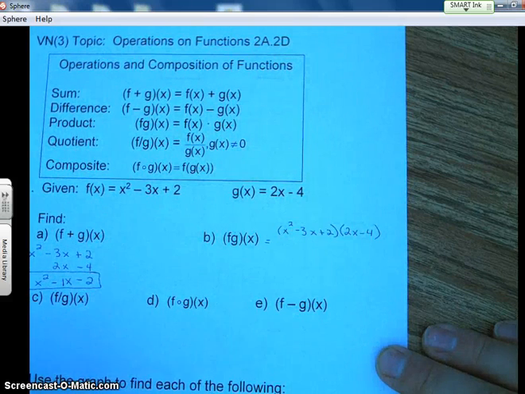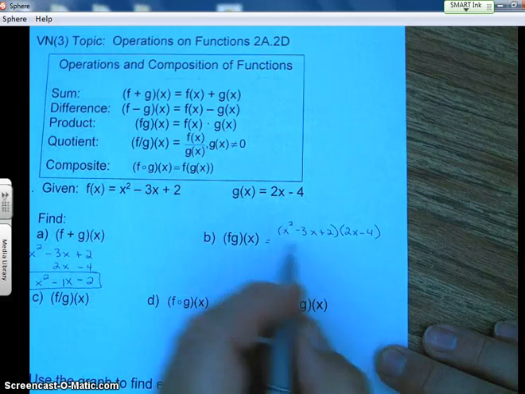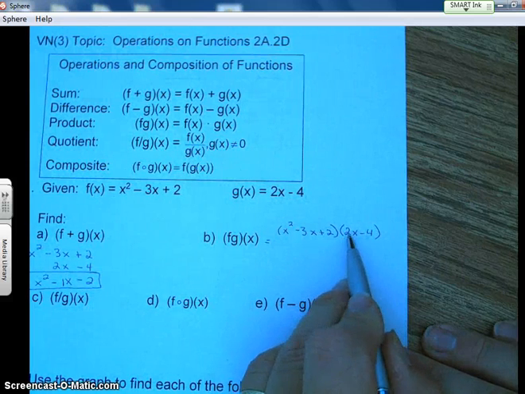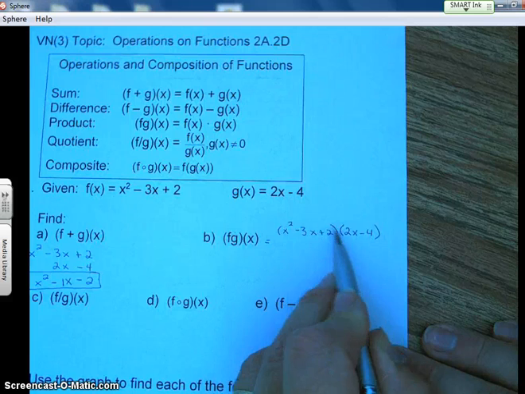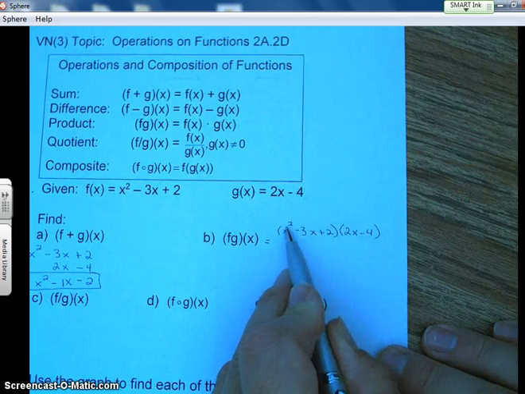So if you're going to use distributing, I would take the shorter one and distribute it, multiply it times each term.